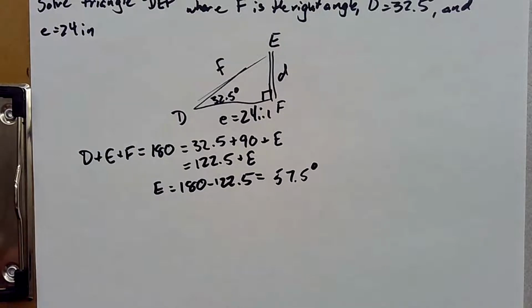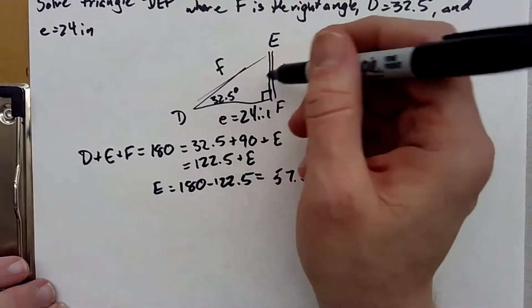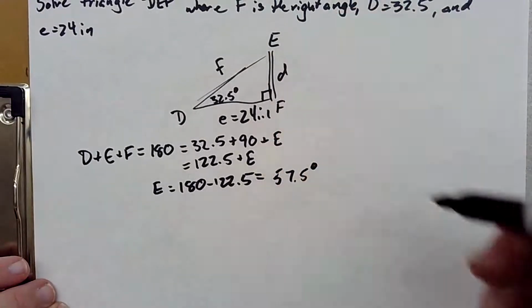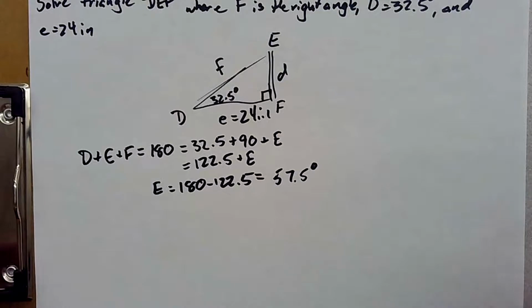Now that we've done that, we can figure out the lengths of D and F pretty easily. Since we know the measure of angle E, we can use our sine rule.